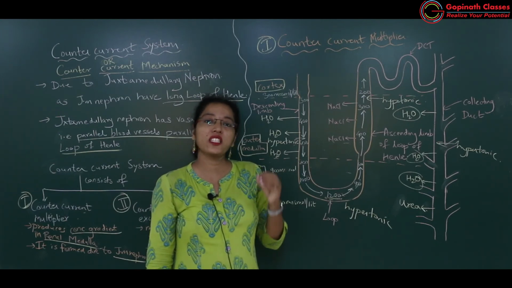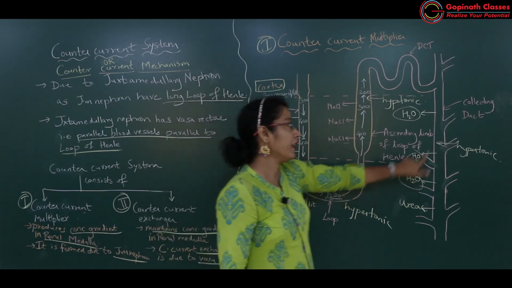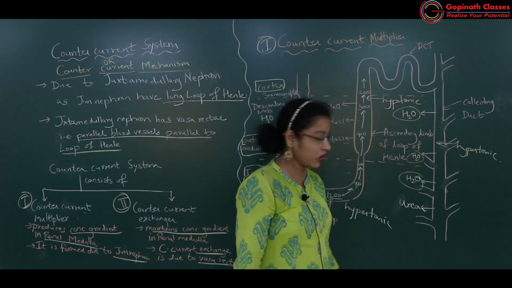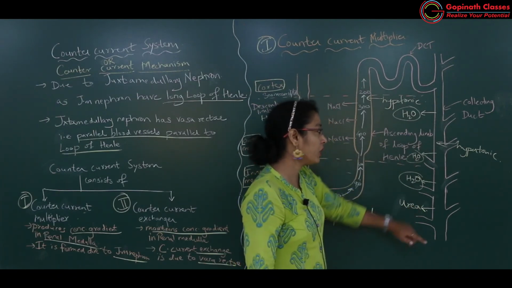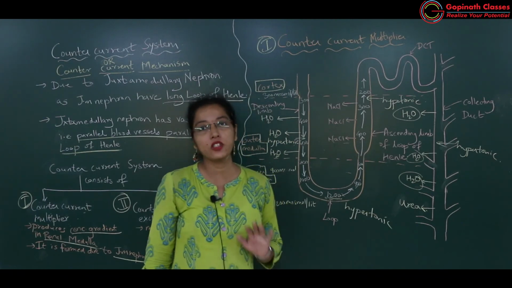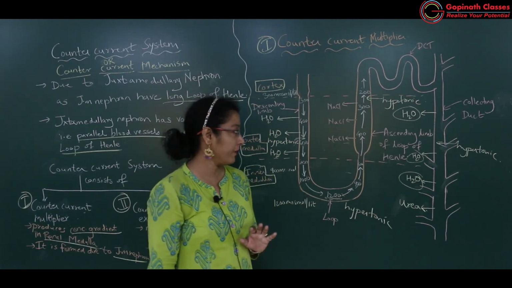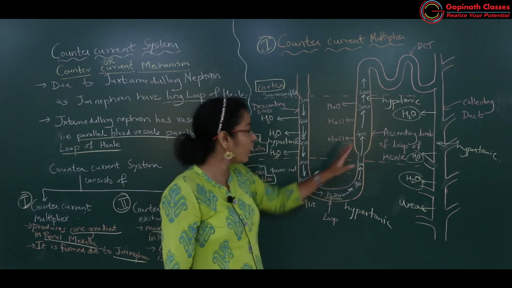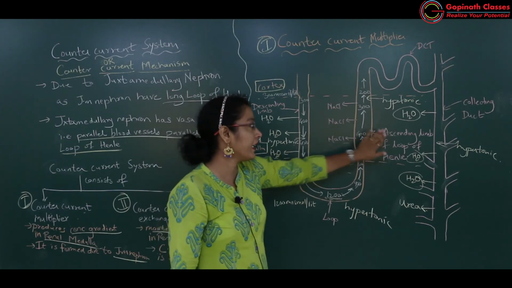So concentrated urine will be formed in the collecting duct, and a small amount of urea will be reabsorbed to maintain the osmolarity of blood.